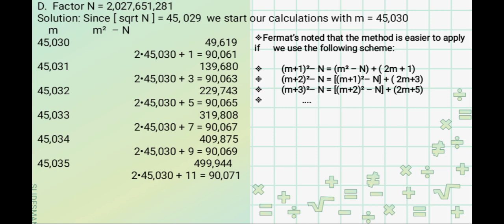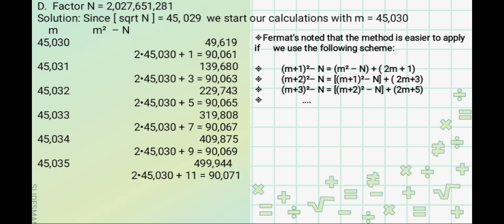Okay, so the first step that we are going to do is to find the square root of n. The square root of 2,027,651,281 is 45,029.